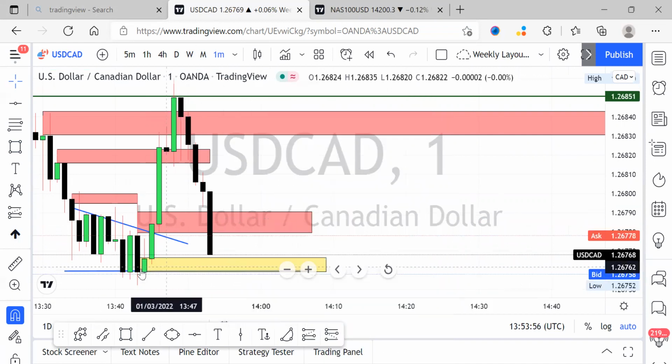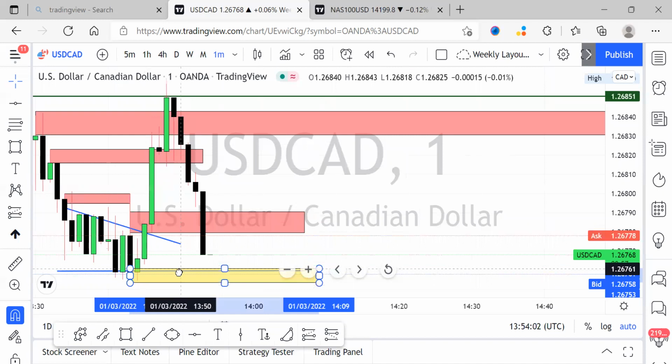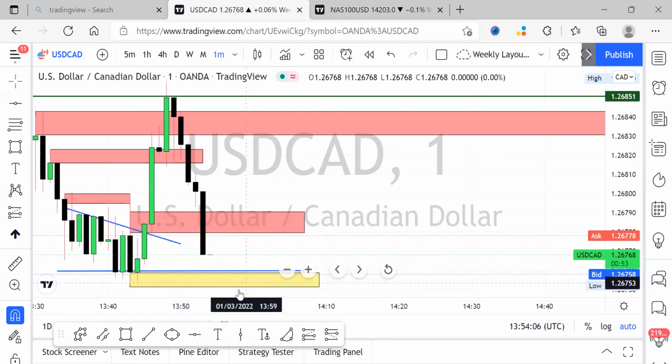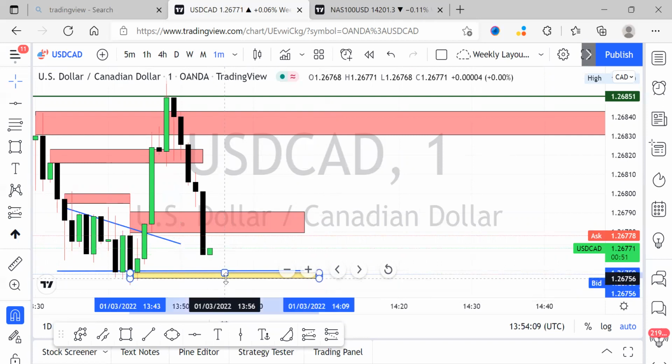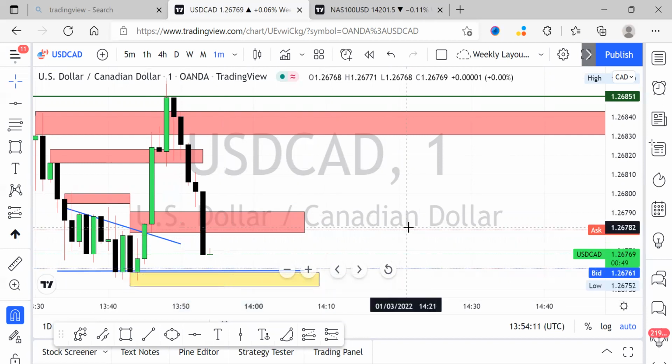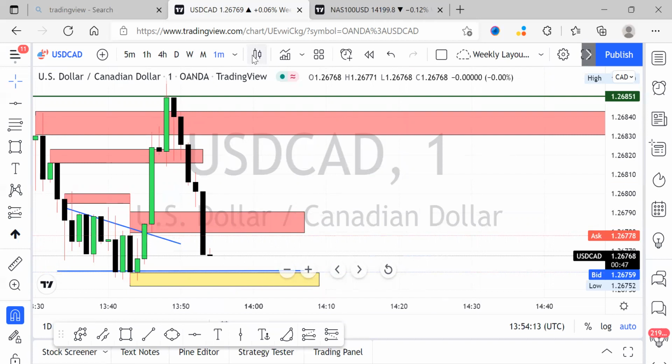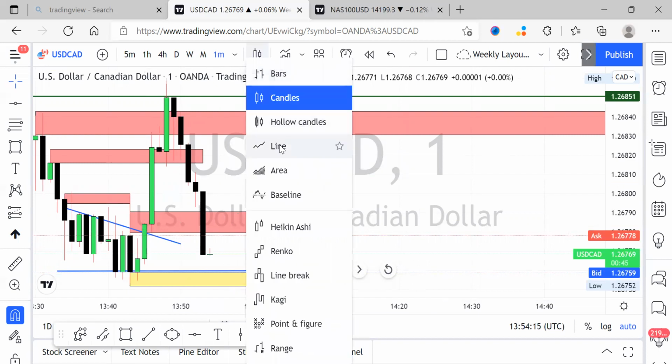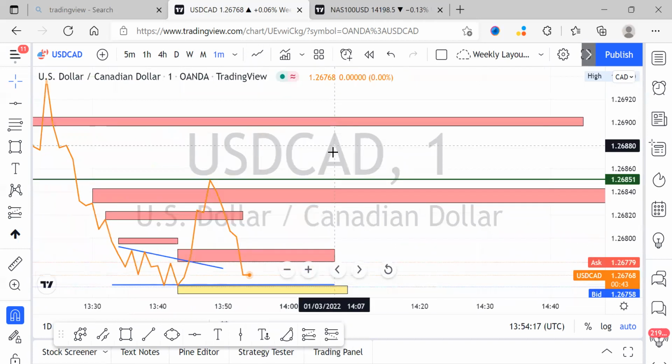This green candle is the best one. If we want to get the whole wick involved, that would be the best place to buy, so it gets a bit tighter. Now change it back to a line chart.